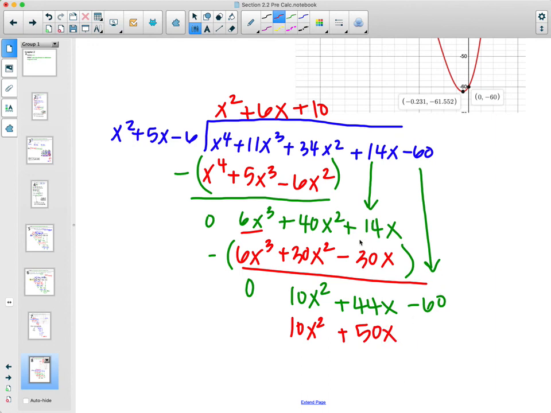Something's wrong again. This should have been 36. This should have been 6x times negative 6 to get negative 36 here. And so when you subtract, this should be 50, because again, it's factors, so you shouldn't have any remainder.